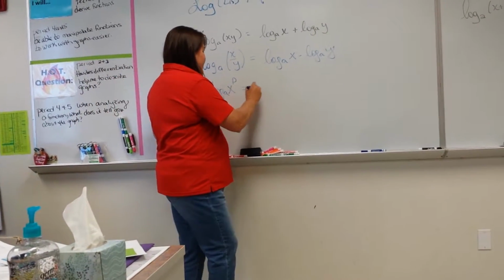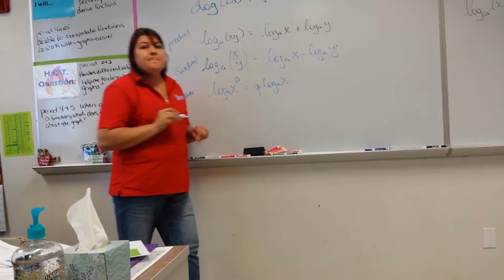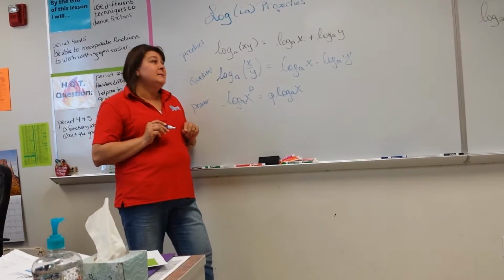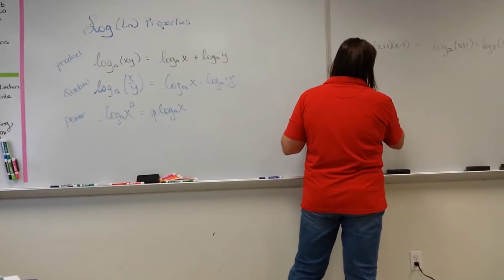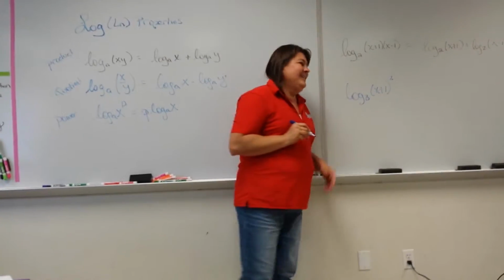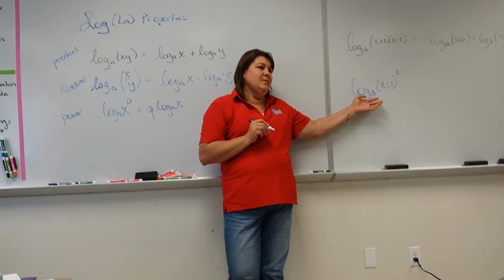So this would be p log ax. And no other stipulations for that? No. If it looks like this, they're all letters. Yeah. So looking at this, how could I rewrite it using this power?